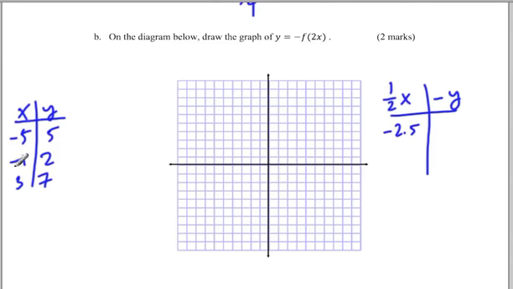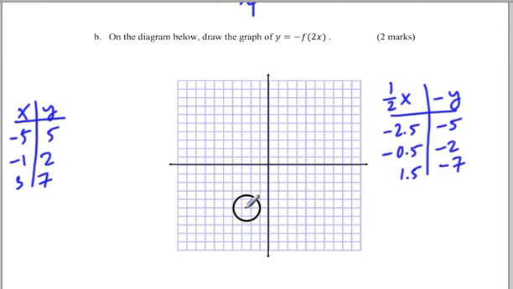I'm just going to do the x's first. Negative 1 times half is negative 0.5, and 3 times half is 1.5. Okay, since this is negative, the y's are negative 5, negative 2, negative 7. So let's plot these points. Negative 2.5, which is right here, and negative 5, 1, 2, 3, 4, 5.